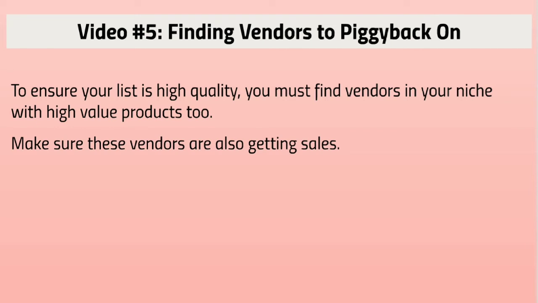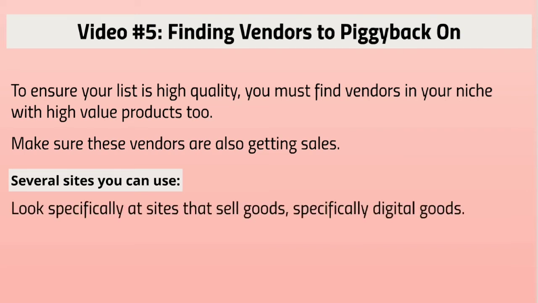So you want to make sure that the vendors are getting sales and high quality. There are several sites that you can use to find these vendors. Keeping that in mind, you want to look specifically at sites that sell digital goods, if you are selling a digital book, a digital video course, or something digital or intangible.